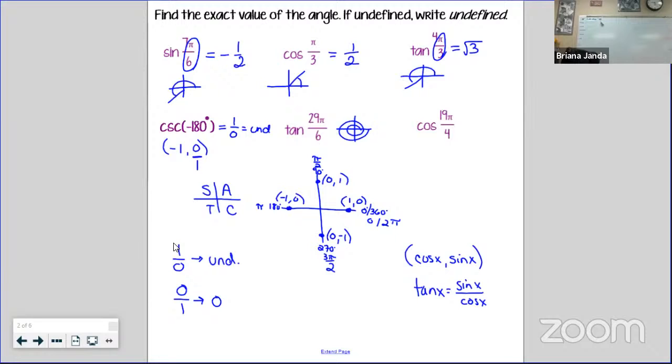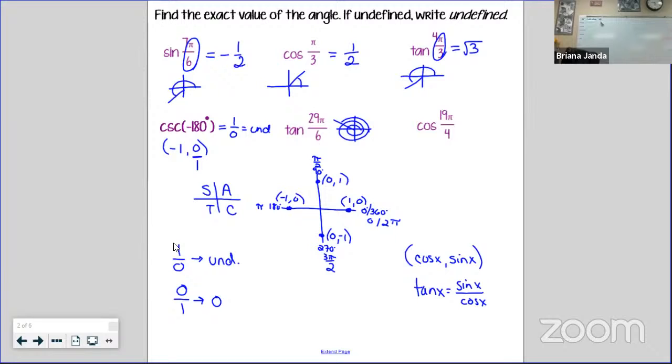After I get 24, I need 5 more. So that would put me all the way then into quadrant 2. That's all I needed. I needed to figure out what quadrant I'm in. I'm in quadrant 2. Therefore, my answer is negative. We're doing a tangent problem. My reference angle is pi over 6.